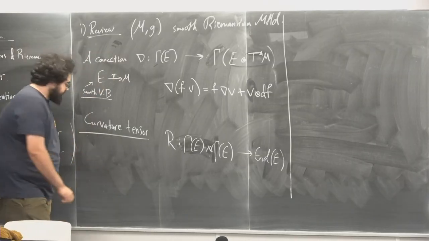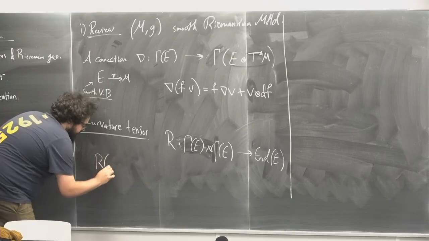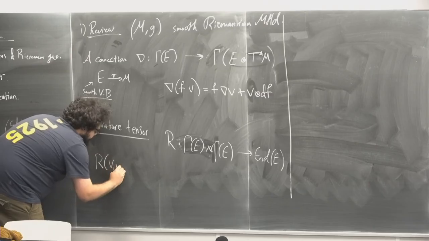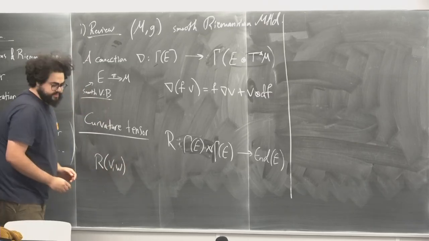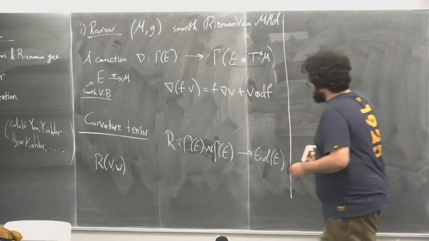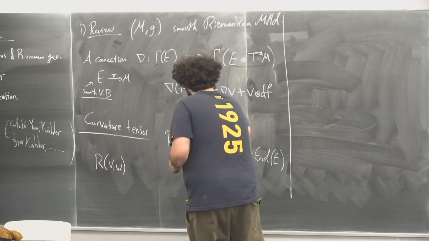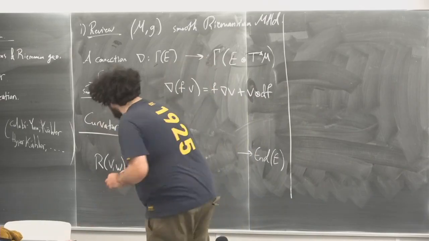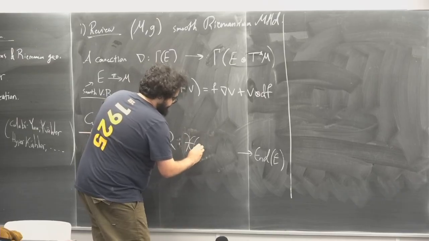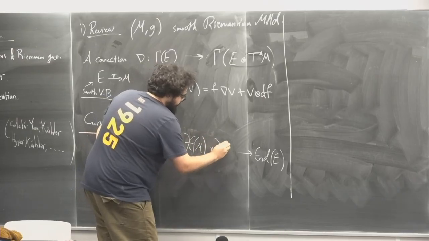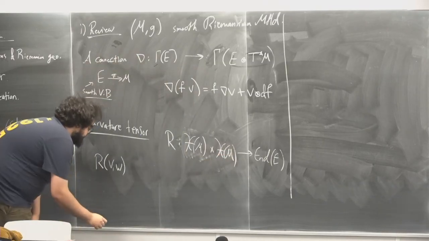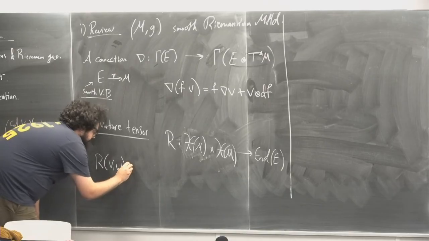It essentially takes V and W, or sorry, it takes two vector fields, sections of the tangent bundle, and returns an endomorphism of E. And it does that in the following way.